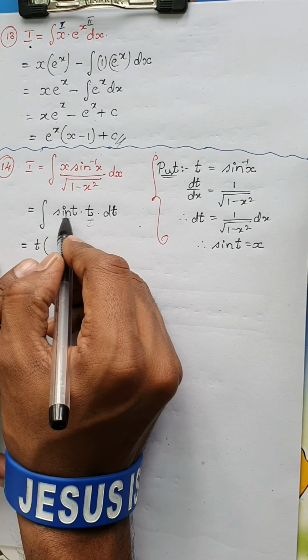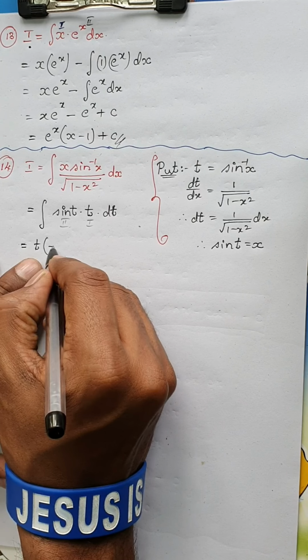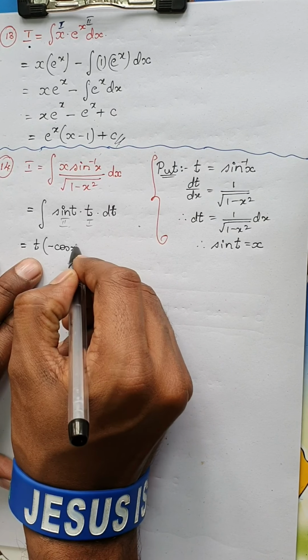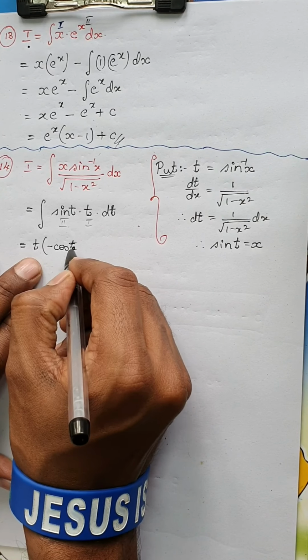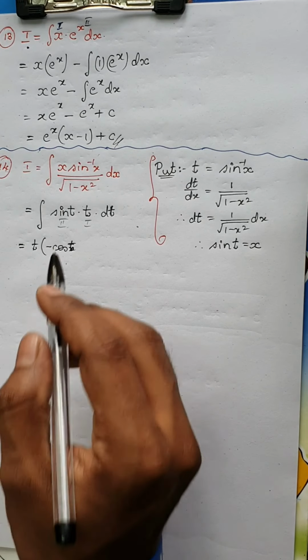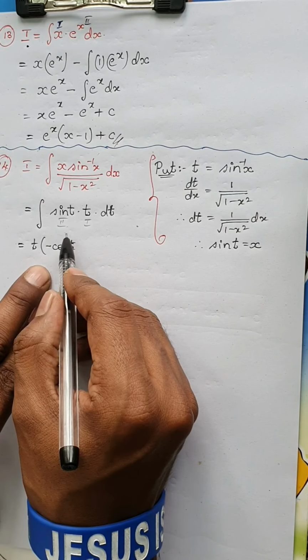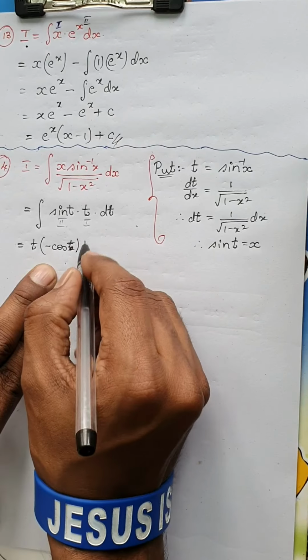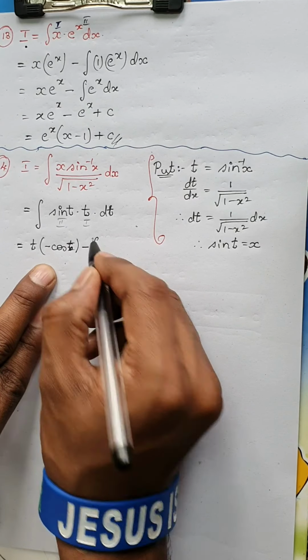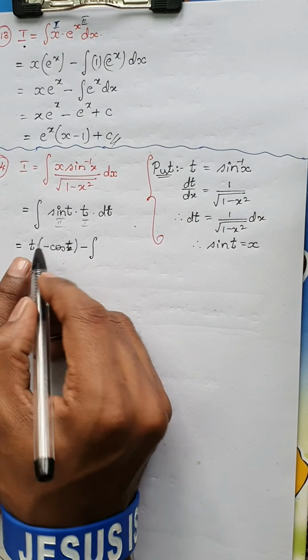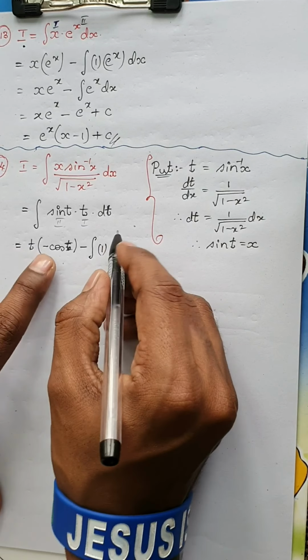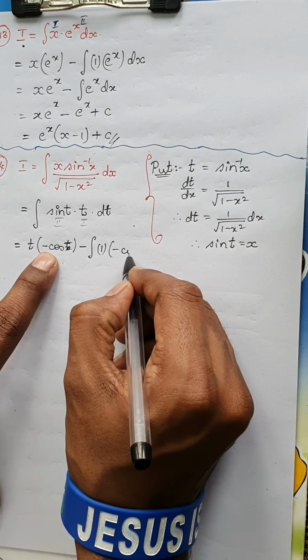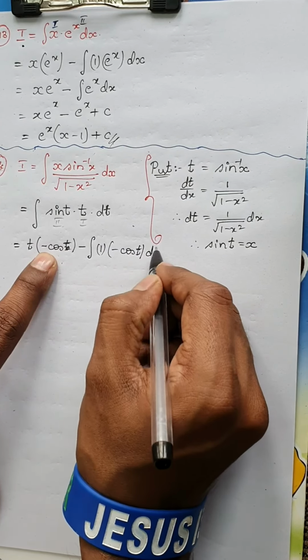Now the integral of sin t is minus cos t. Remember, we are integrating with respect to t. So the integral of sin t is minus cos t, minus the integral of, remember, the derivative of t with respect to t would be 1, and this term as it is, which is minus cos t dt.